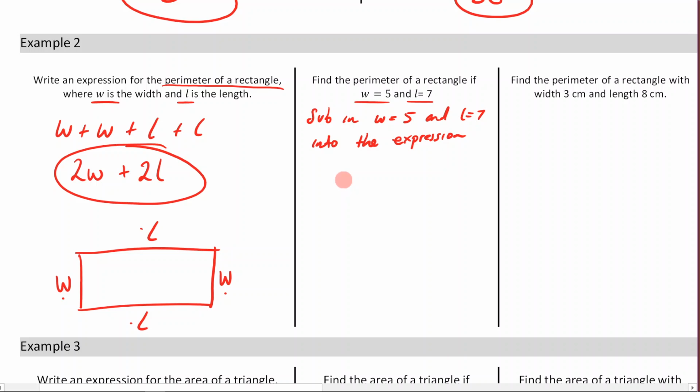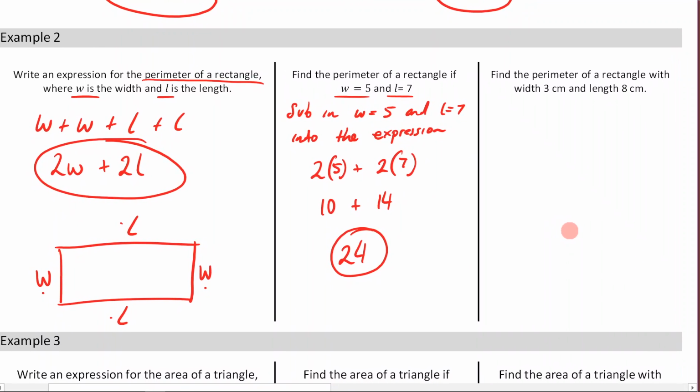We start with 2W plus 2L, and into the W position we put a 5, and into the L position we put 7. 2 times 5 is 10, and 2 times 7 is 14. So our answer is 10 plus 14, which is 24. That is our perimeter.